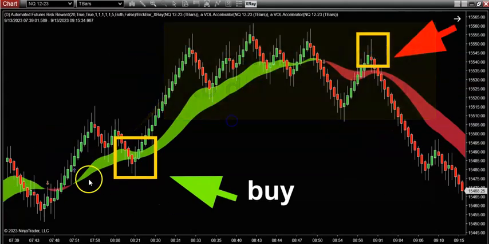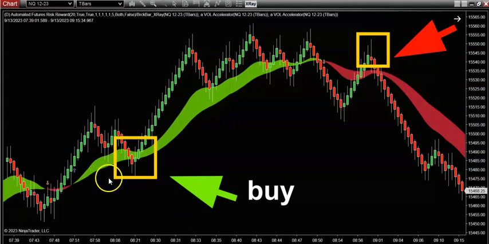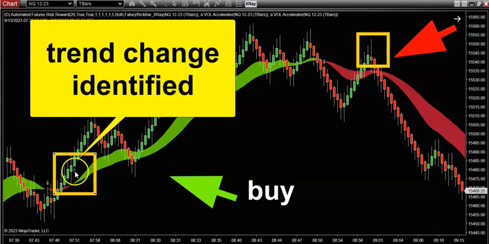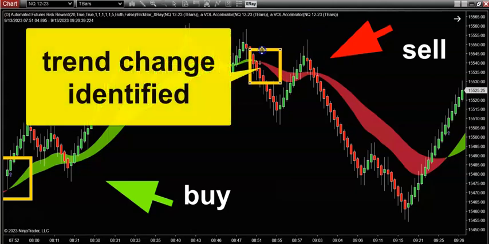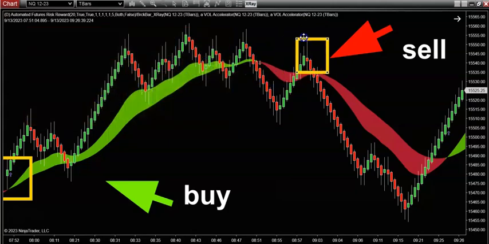As an example, whenever it detects a volume flush to the upside, it will turn the color band green like it did at this exact moment in time. And on the flip side, whenever it detects a volume flush to the downside, aka the bears step in and take control of the market, you're going to see the volume color band turn red, just like it did over here. Makes sense?